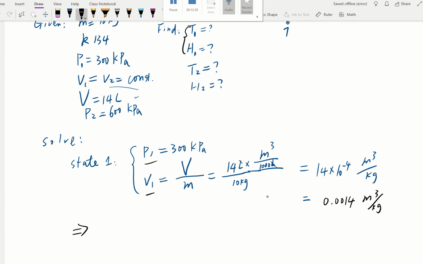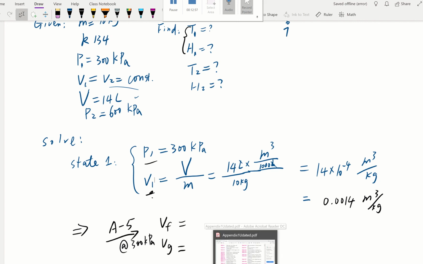We know the pressure, so we're going to look at our pressure table. First of all, we do not know what phase that is, so we need to use the second property, which is our V. We're going to find our VF and VG at 300 kilopascal to compare our given V to VF and VG. So shall we look for 300 kilopascal?